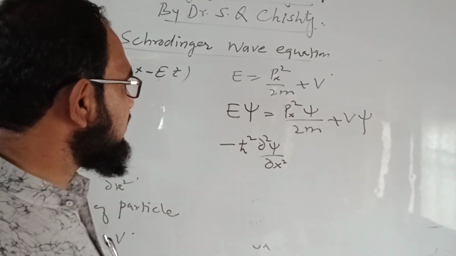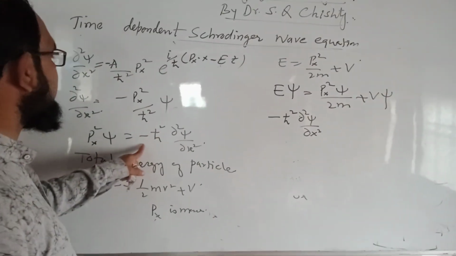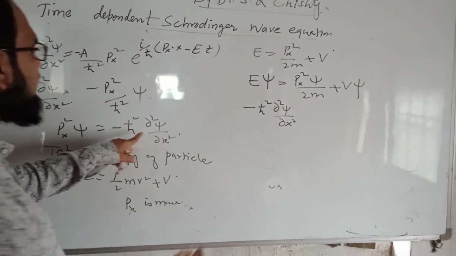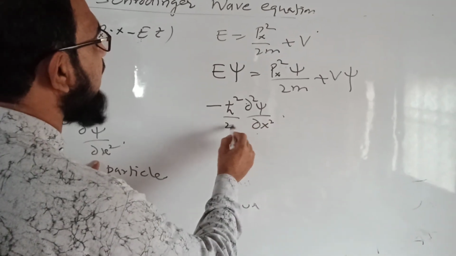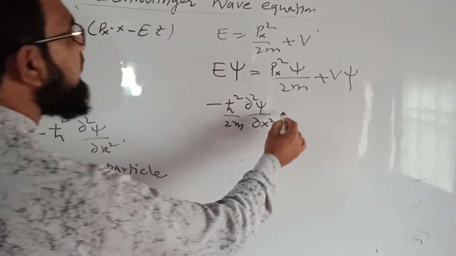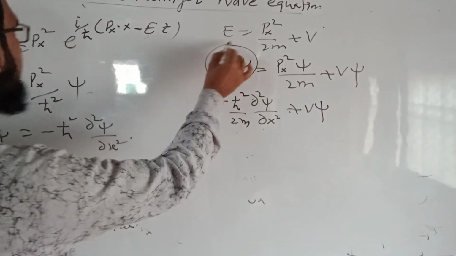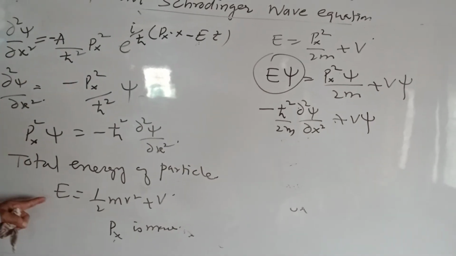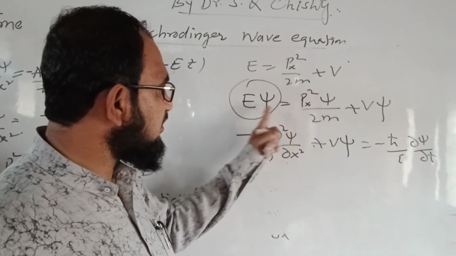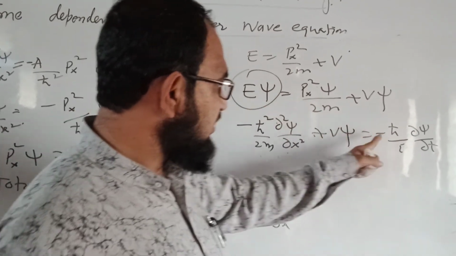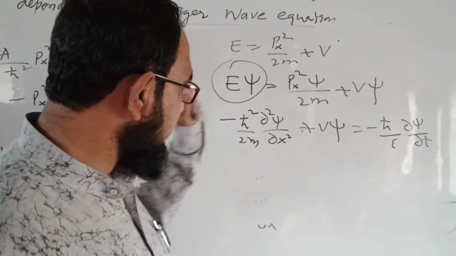So in this equation I will substitute the value of px square psi from here as minus h cross square dou 2 psi by dou x square upon 2m as it is plus V psi as it is, and for this E psi I will substitute the value as minus h cross upon i dou psi by dou t, which we calculated earlier.